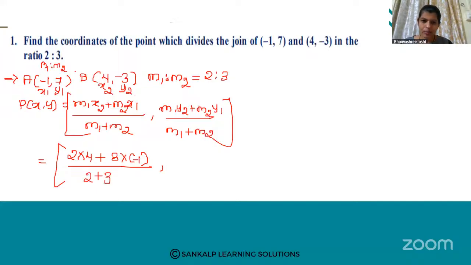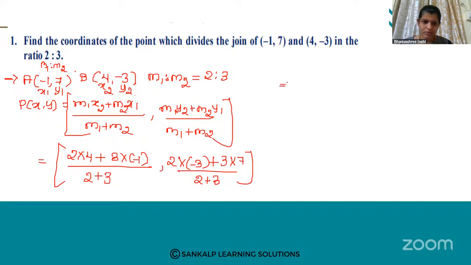Next, m1 into y2. m1 is 2 into y2, and the y2 value is -3, plus m2 is 3 into y1 which is 7, divided by 2 plus 3.